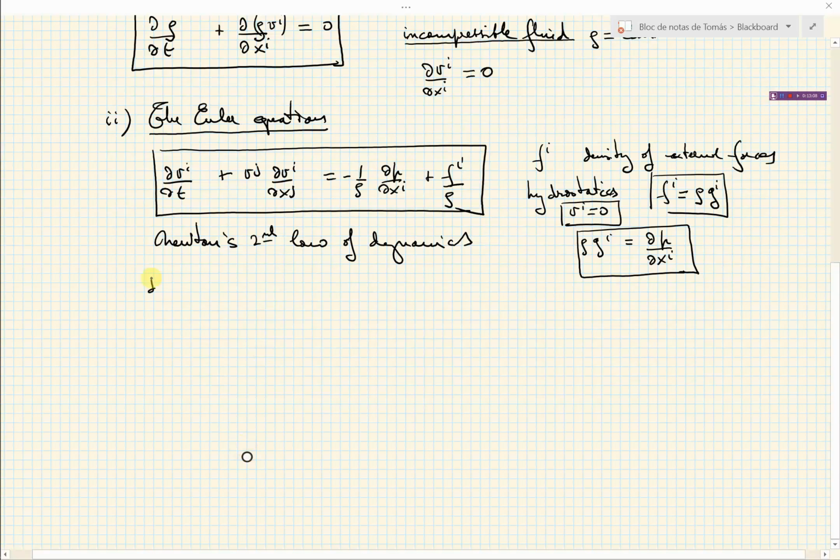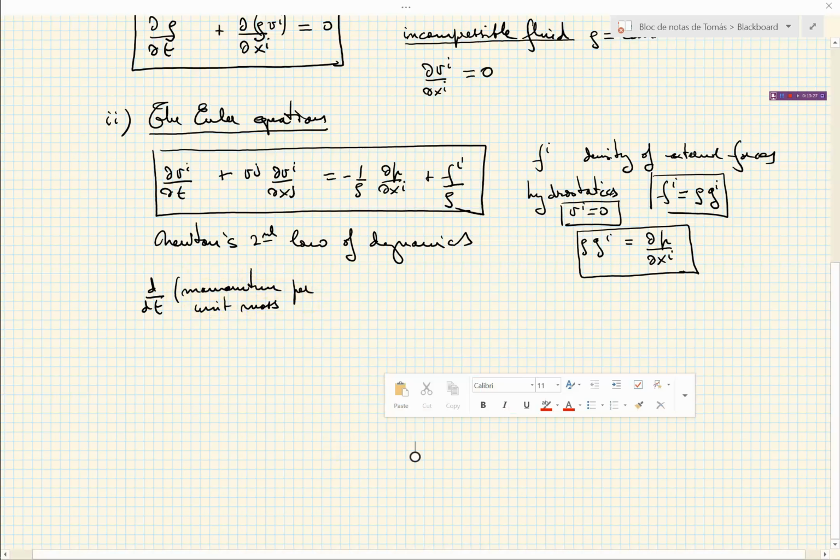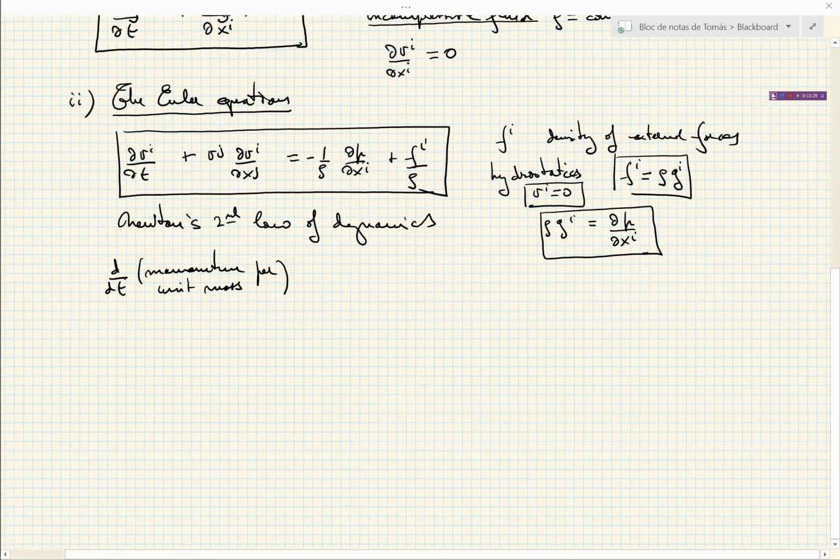So we know that Newton's law tells us that the variation with respect to time of the momentum per unit mass, so this is density of momentum, will be equal to the force per unit mass.